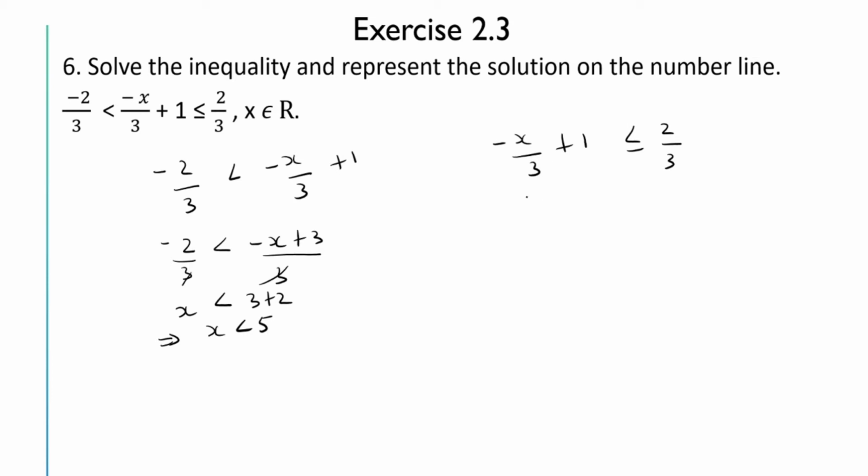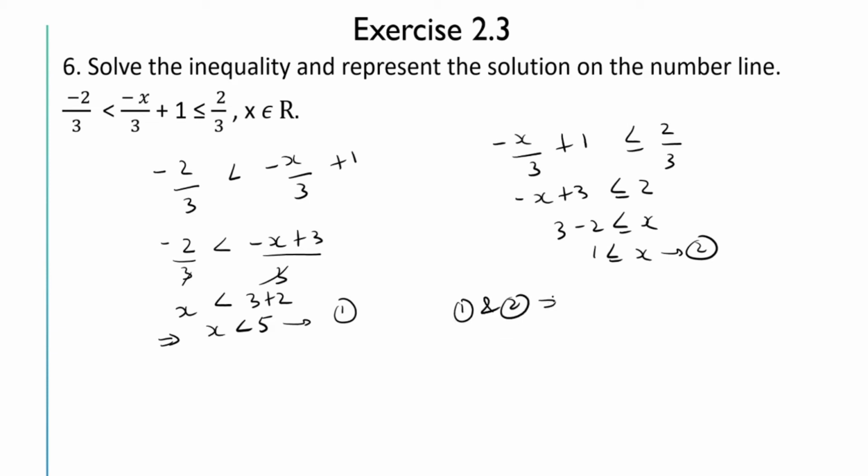And from here we have minus x plus 3 less than or equal to 2, or 3 minus 2 less than or equal to x, 1 less than or equal to x. So combining these two, combining 1 and 2, we get 1 less than or equal to x less than 5. So the solution set is x belongs to closed 1, comma open 5.